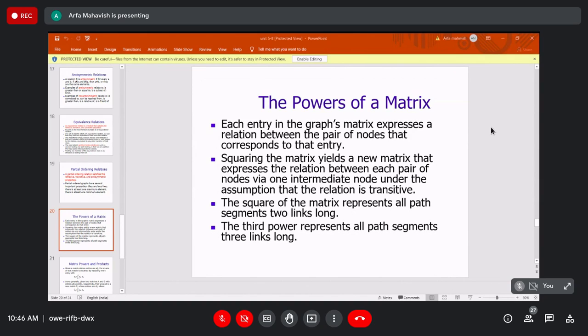This is the power of your matrix. By seeing the flow graph, you represent it in graphical form in the matrix format.